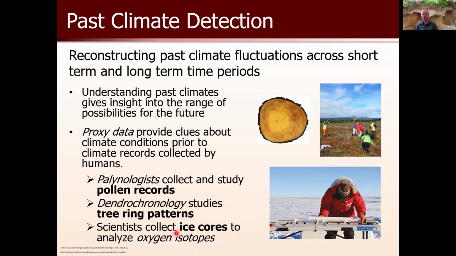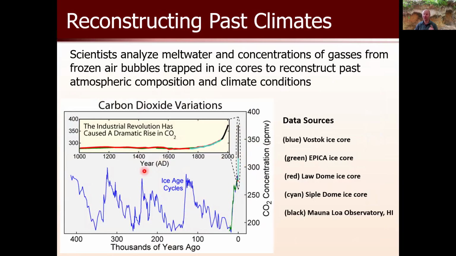And so there's many locations where these ice cores are being removed. And then, as I described, they can analyze a suite of chemical properties, including concentrations of gases and isotopic concentrations, which then allow us to literally determine air temperature.